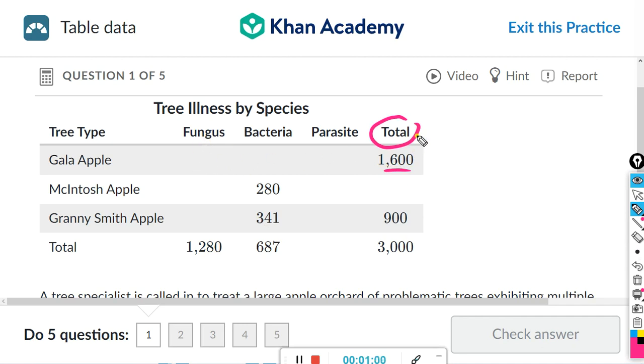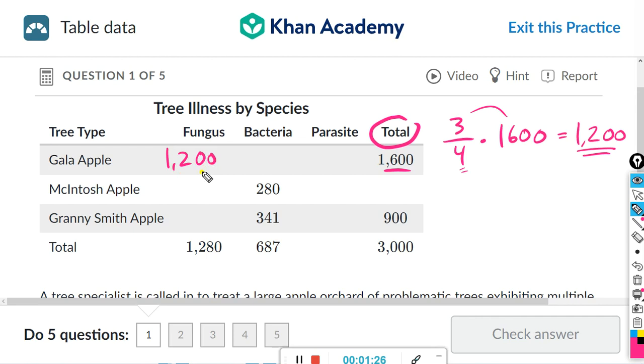So in place of fungus, we're going to do 3/4 times 1,600. So on the calculator, just do 3 times 1,600 and divide by 4. And I get 1,200. So right here for the Gala apple fungus, I'm going to write 1,200.